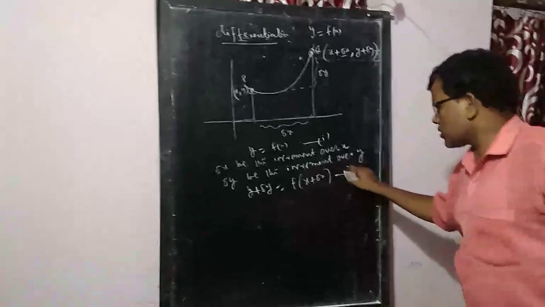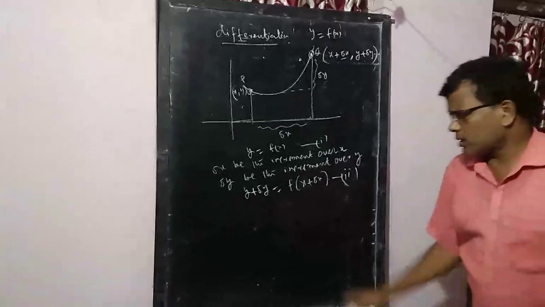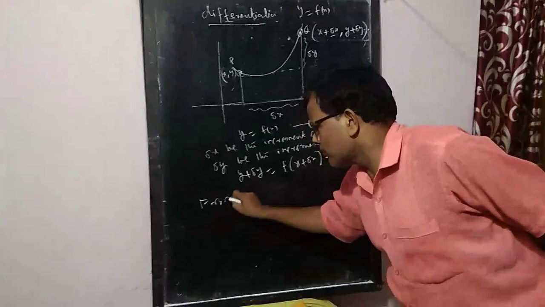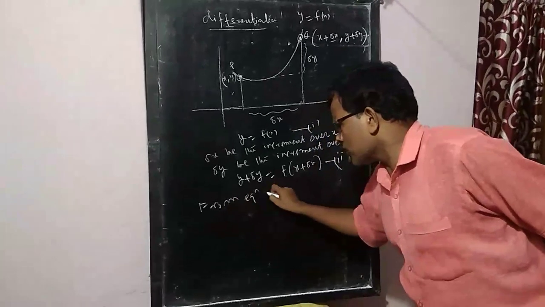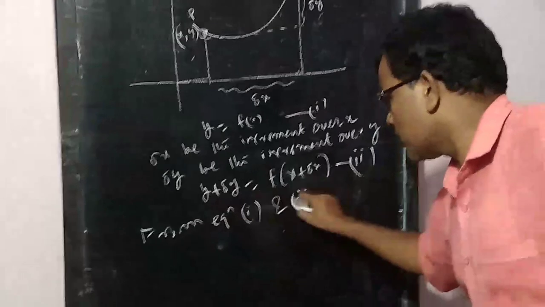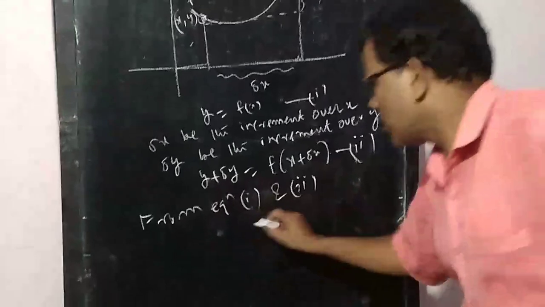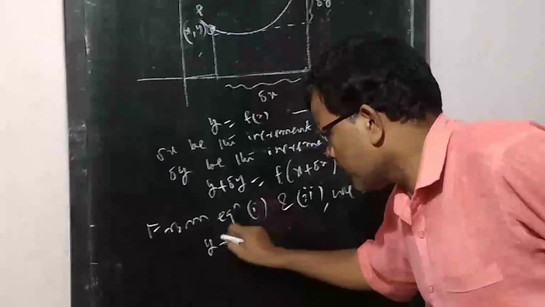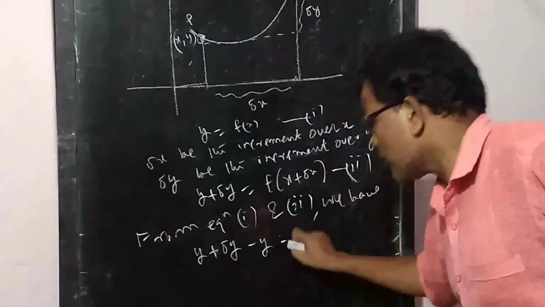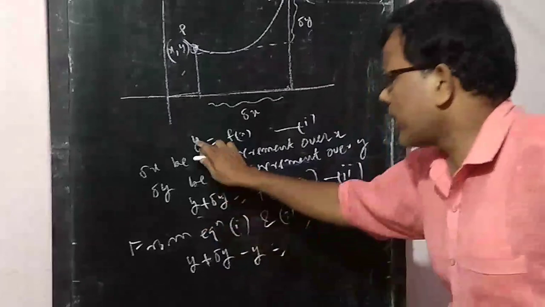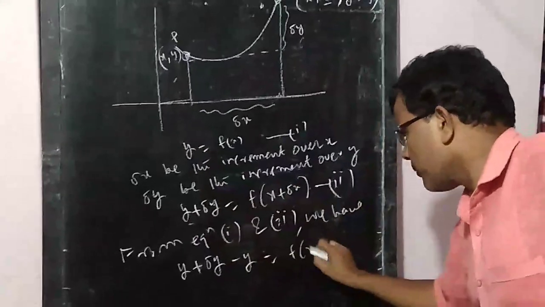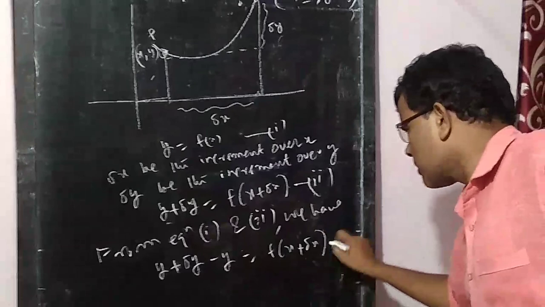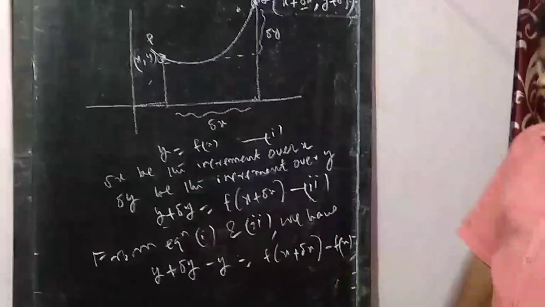Let this equation be 2. From equation 1 and 2 we have (y plus delta y) minus y is equal to f(x plus del x) minus f(x).